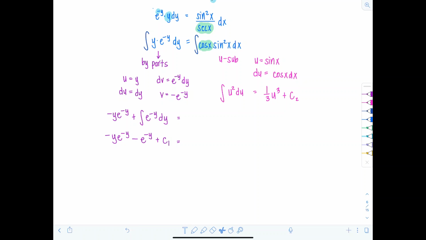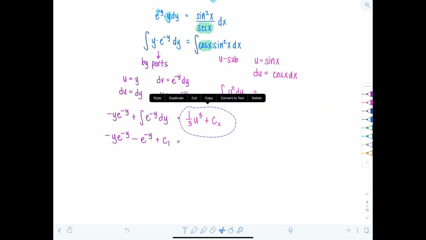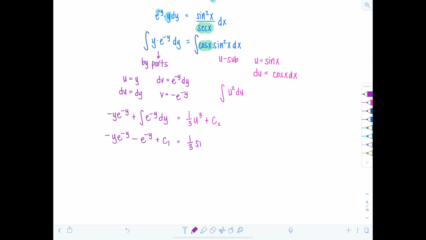Let me plop that in right here. And then I'm going to replace u with, that's right, sine of x. So 1/3 sine cubed x plus c2.